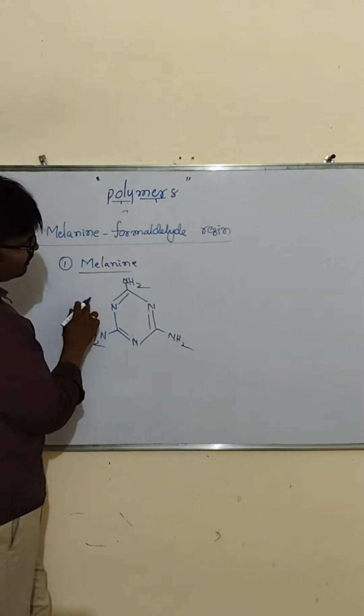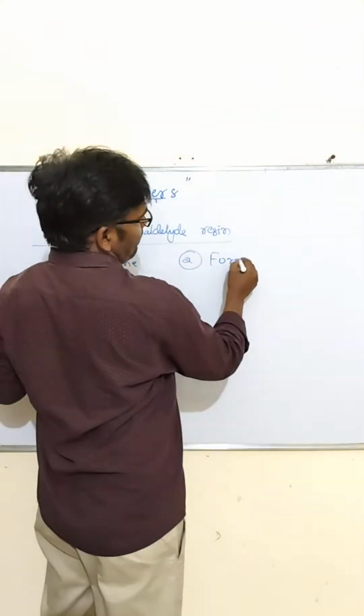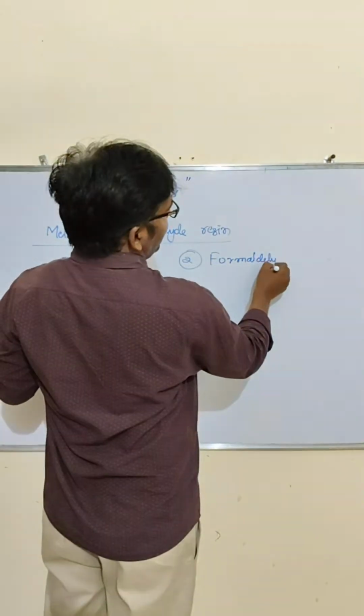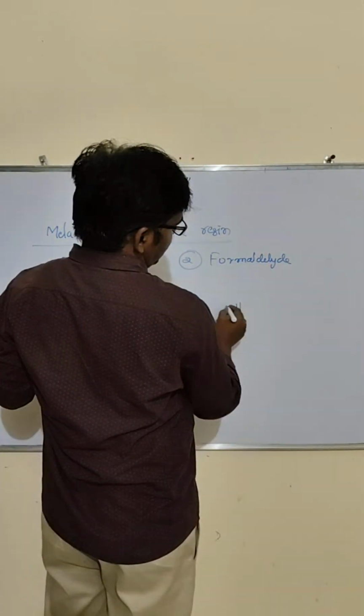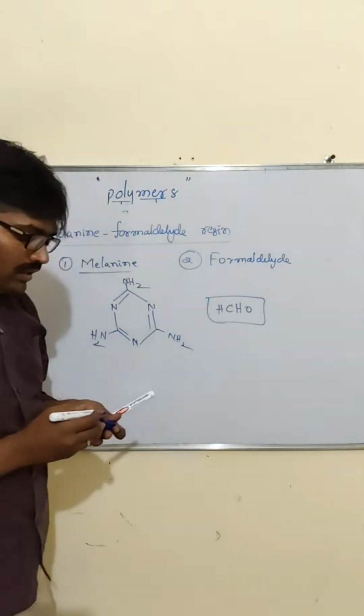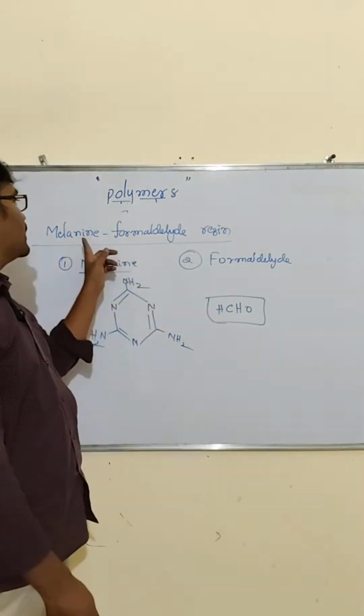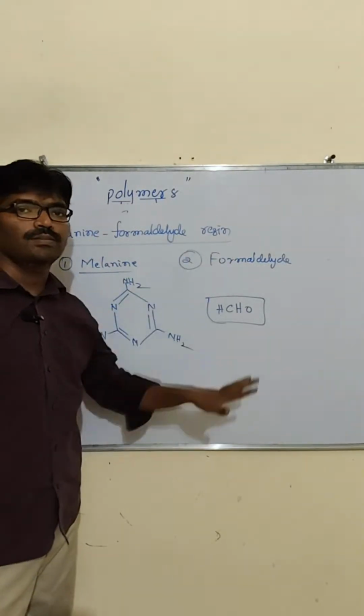So this is what we call the melamine structure. One more, formaldehyde, everyone knows, HCHO. In between them a condensation polymer will be formed. That polymer is called melamine formaldehyde resin.